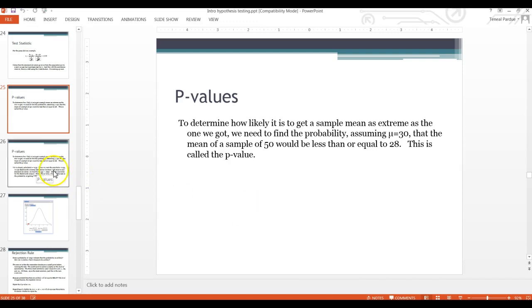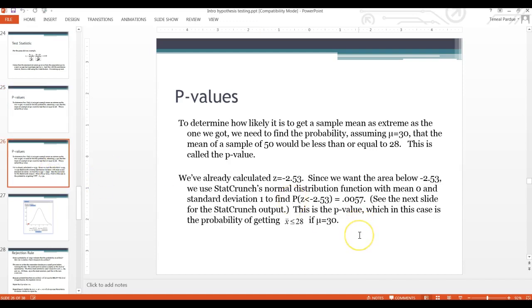So to find the p-value, in this one we want the area below negative 2.53, because this is a less than alternative hypothesis.